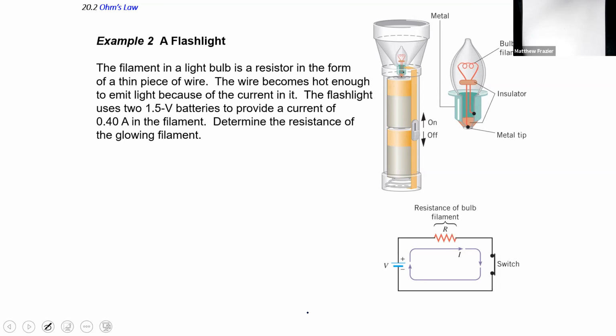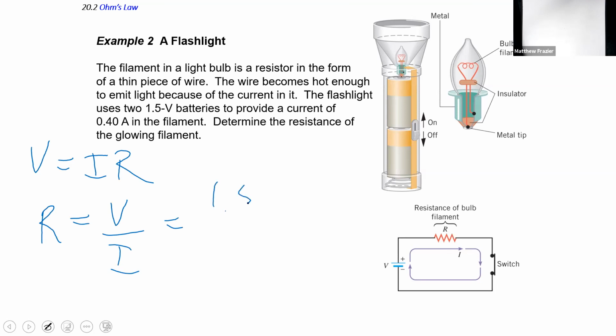Well, this is easy enough, right? We have Ohm's law. So the resistance is voltage over current. And then we just multiply things out. So we have 1.5 volts times 2, or 3 volts, divided by 0.4 amps.